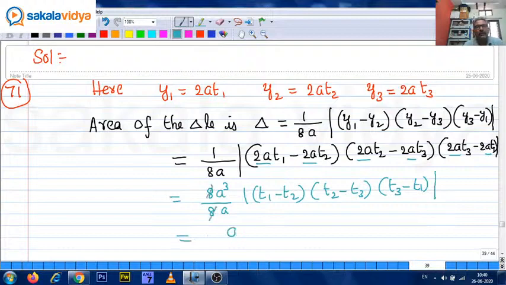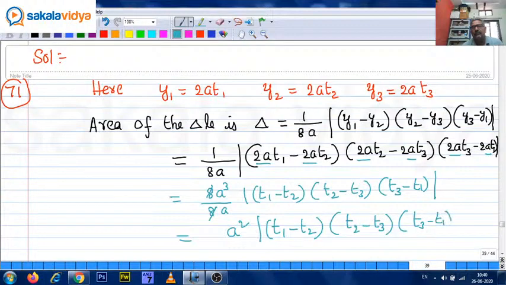We have a square times (t1 minus t2), (t2 minus t3), (t3 minus t1) square units. This is the answer.